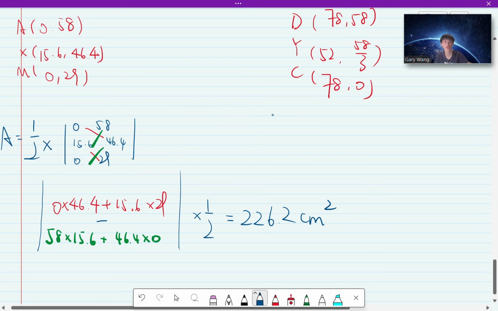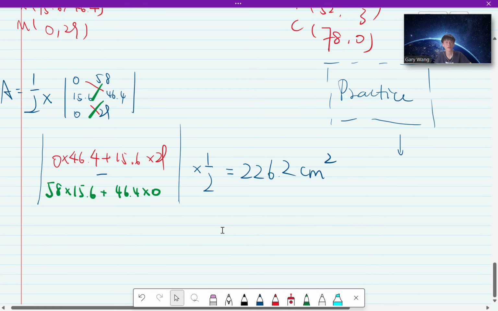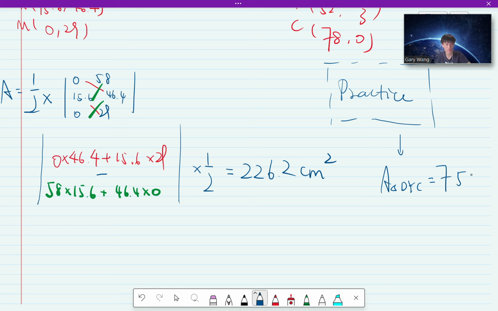The same strategy works for the other triangle, and I'll leave it as practice for you to reinforce your understanding of the shoelace theorem. Eventually we should get the area of triangle DYC equal to 754 centimeters squared.